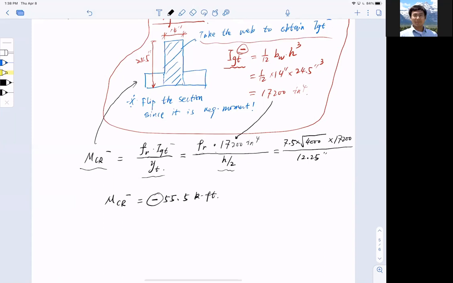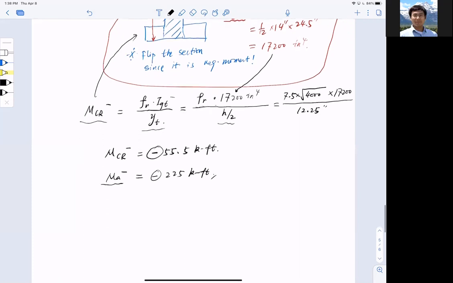This negative sign I arbitrarily added because I know it is negative. Just to remind myself, the applied moment is also negative at the end, which is known and given as 225 kip foot. So this is my MCR negative and MA negative.